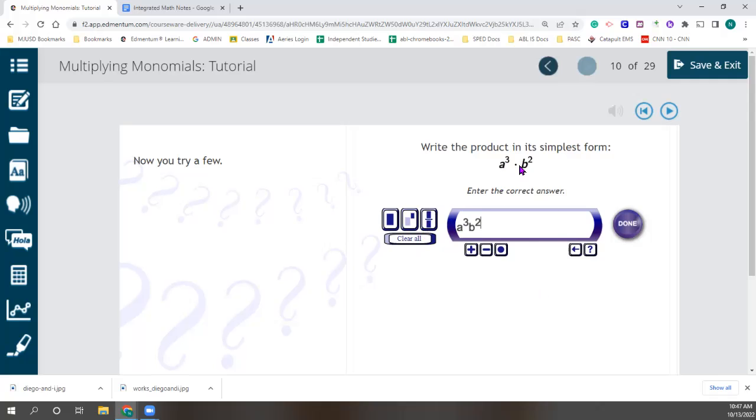So all I am doing essentially is eliminating that multiplication symbol up there. It is simpler, more simple, because we eliminated the multiplication symbol. I know that's weird, but that's what's going on.